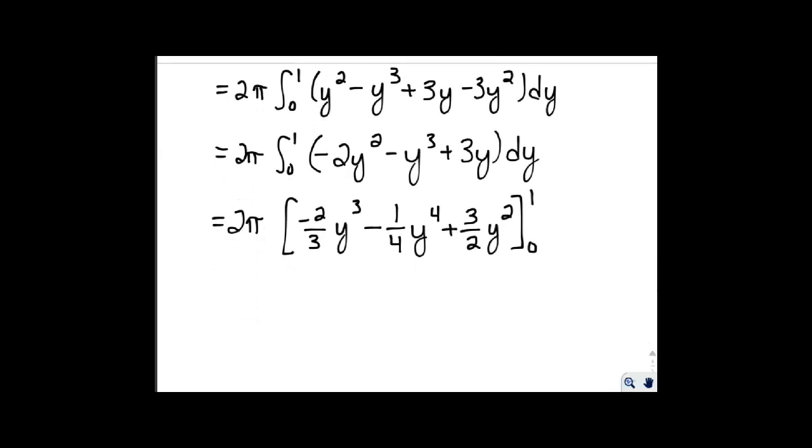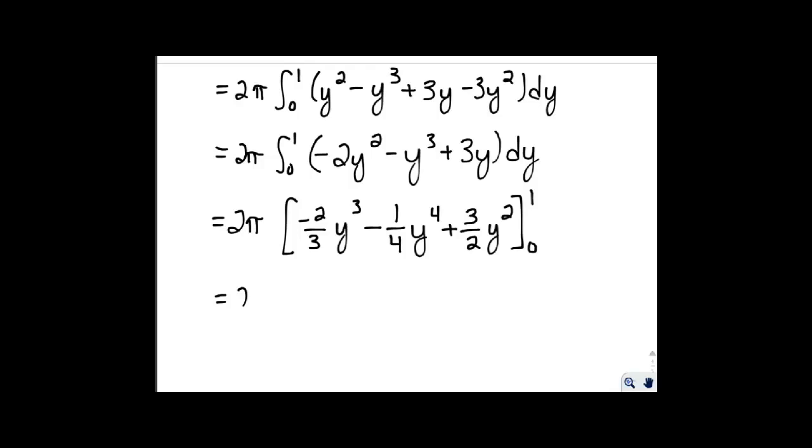Now we're going to evaluate, and because each of these has a y, we don't have to evaluate at 0 because it becomes 0. So it'll be 2 pi times negative 2/3 times 1 cubed minus 1/4 times 1 to the 4th. That's a 4. Plus 3 halves times 1 squared.